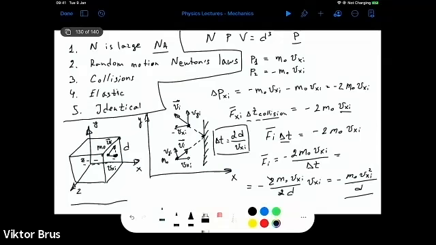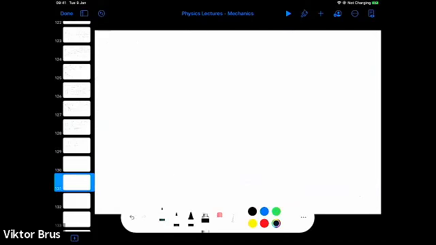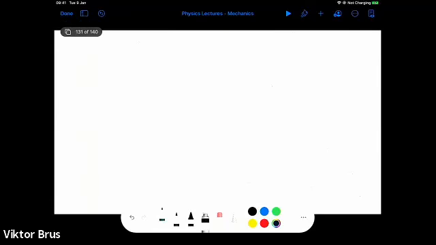And let me write it on the second slide and continue. So this average force on this particular molecule exerted from the side of the wall will be equal to minus m naught Vxi squared divided by d.